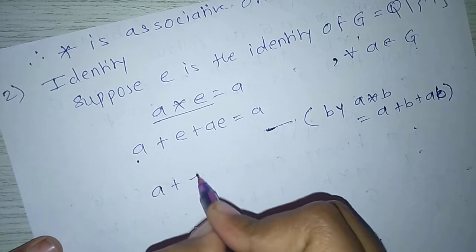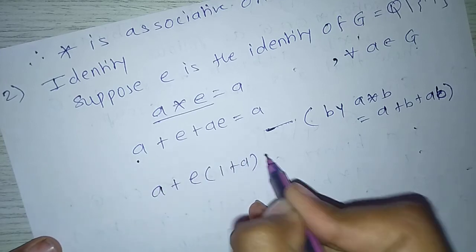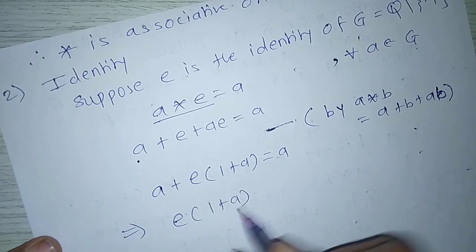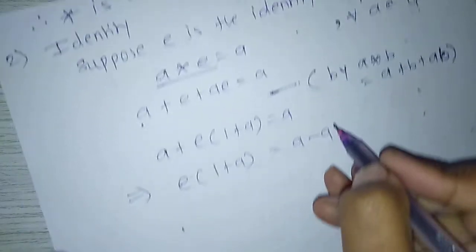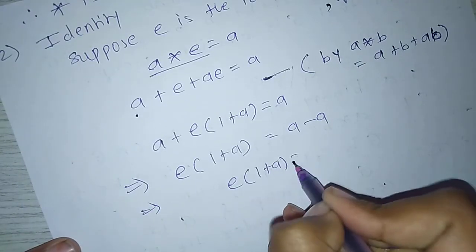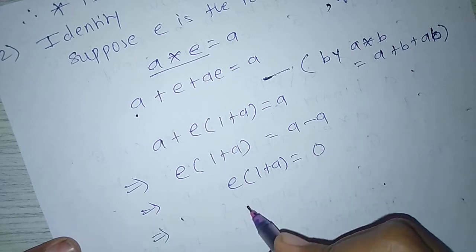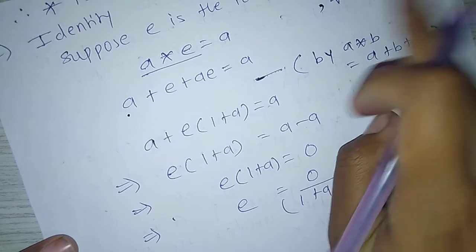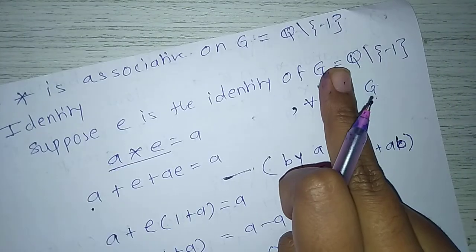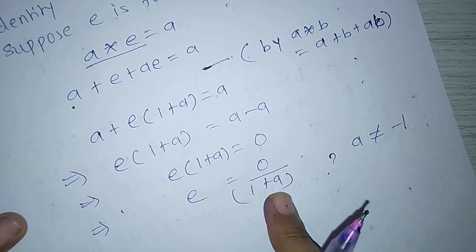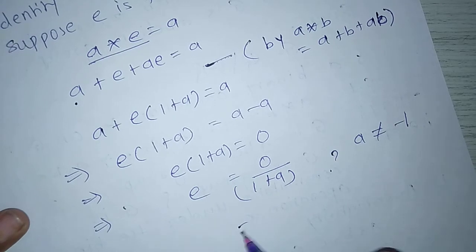A plus, take E common: E(1 + A) = A minus A, which implies E(1 + A) = 0, which implies E = 0/(1 + A). Here A belongs to G and G does not contain -1, meaning A is not equal to -1, and 0 upon something equals 0.